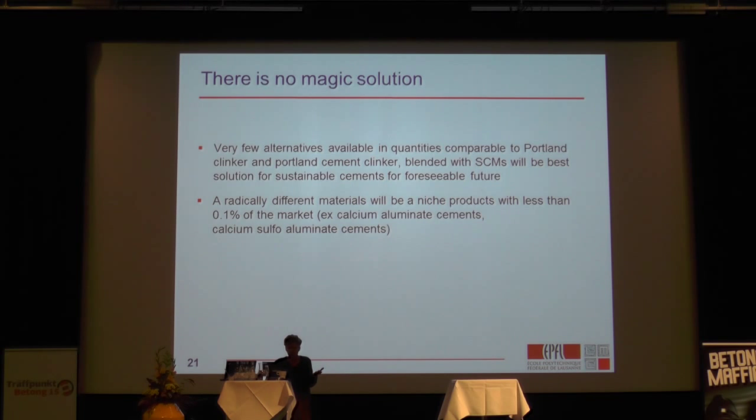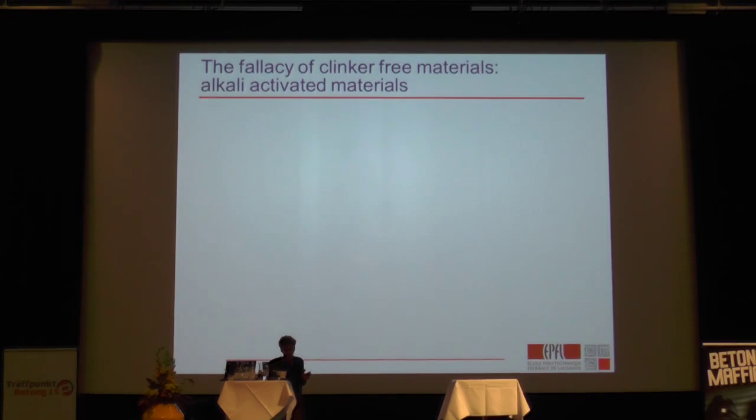I mean, if we look at the example of calcium aluminate cements or calcium sulfoaluminate cements in China, these are materials that have been around for 50, 100 years and still only represent a 1,000th of the production of Portland cement. So they're not really significant in terms of CO2 production.